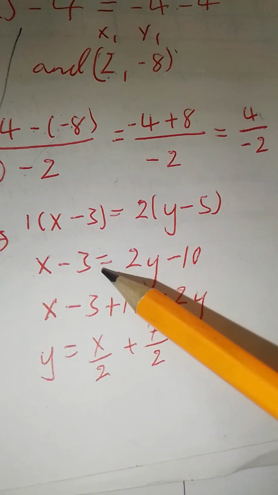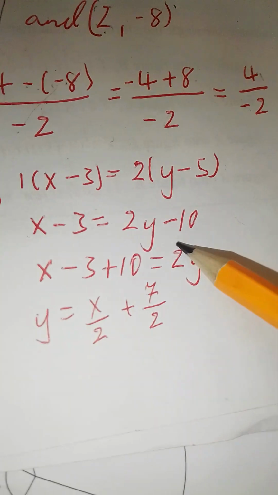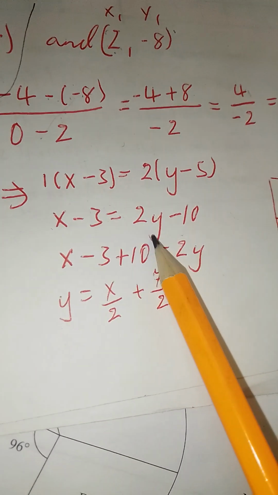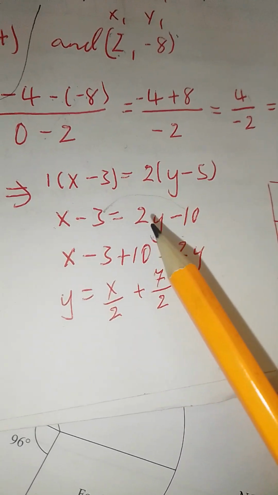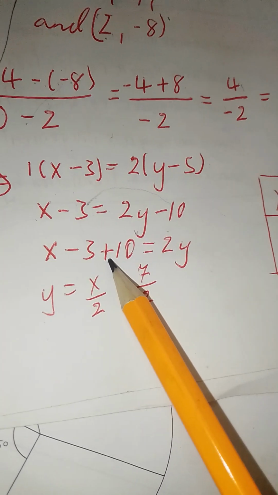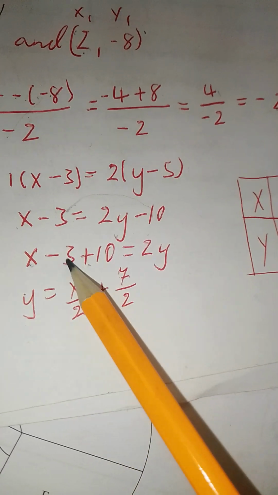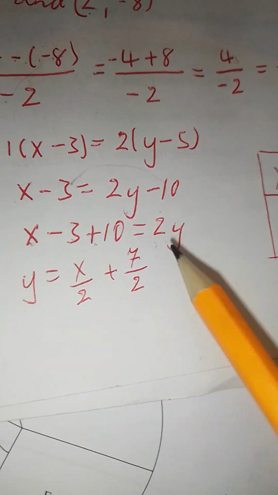Expanding my brackets, I get 2y minus 10. I'm solving for y now, or transposing. Bring over the 10, and it now becomes a positive 10. I get x plus 7 is equal to 2y. Divide both sides by 2, and this is the equation of the second line.